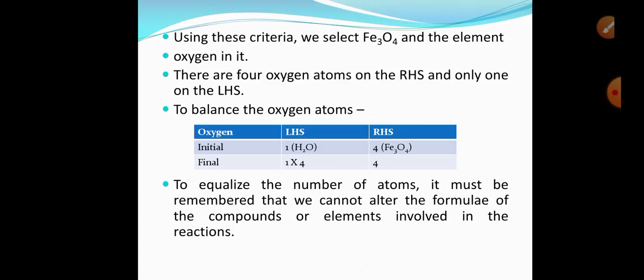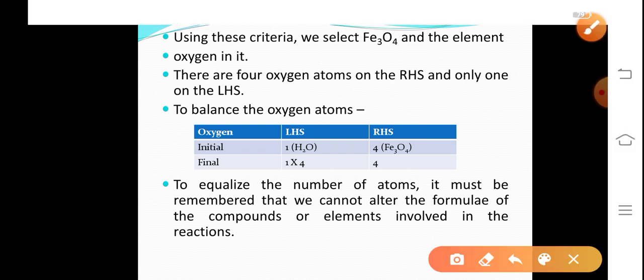Using these criteria, we select Fe3O4 and the element oxygen in it. As we can say, Fe3O4 is the biggest group, and in this oxygen needs to be balanced, and the number of oxygen atoms is more than the number of iron atoms. There are 4 oxygen atoms on right hand side and only 1 on LHS.